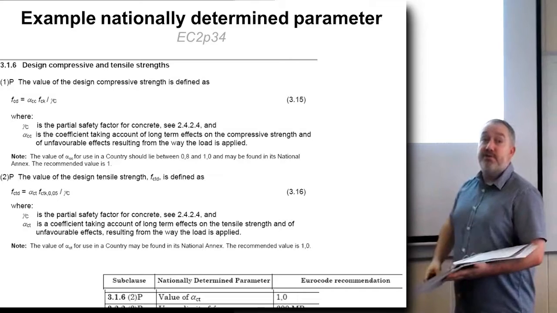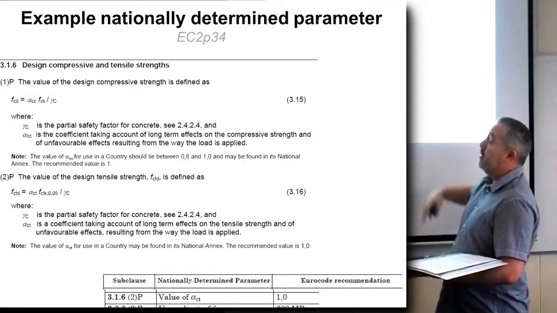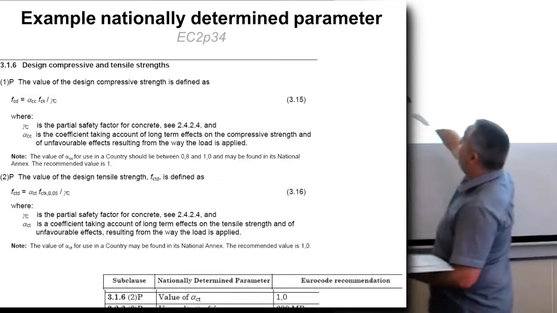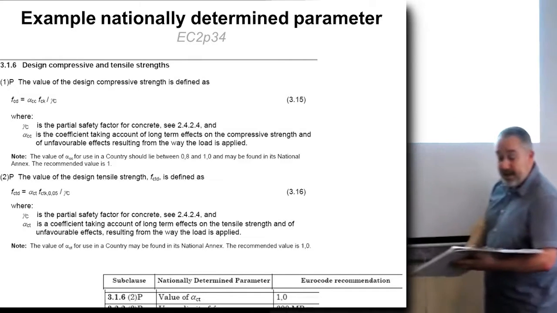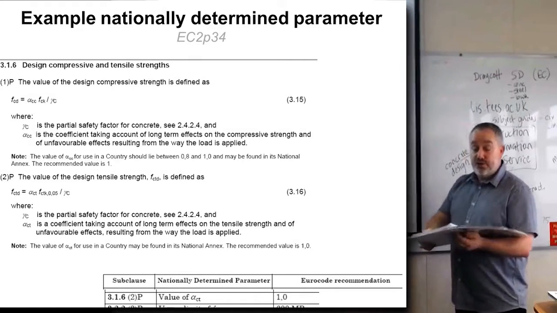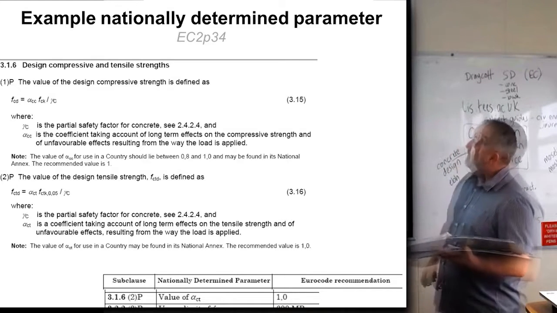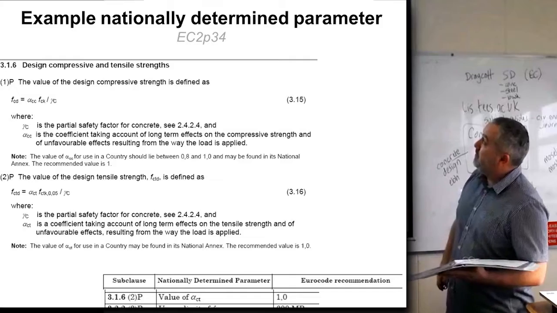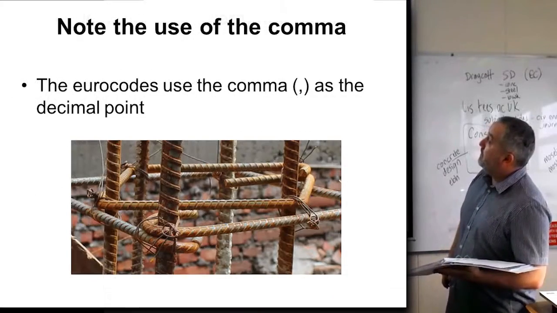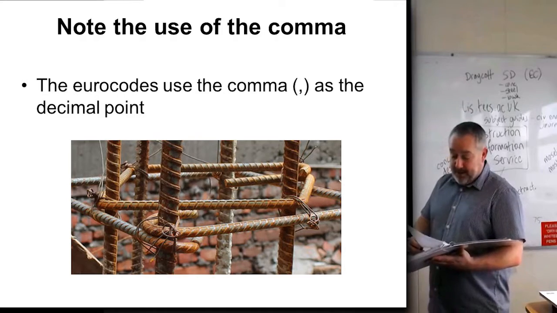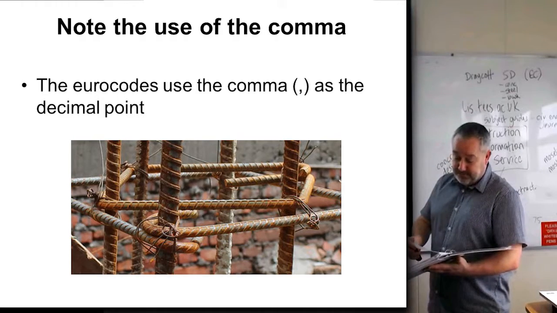So when you come and do some design and you're reading through, you must abide by the Ps. When there's no P, that's an application rule, so you can choose to ignore it. But read it all. So that's principles and rules. And then I've already mentioned, note that wherever you see a comma, that's a decimal point.